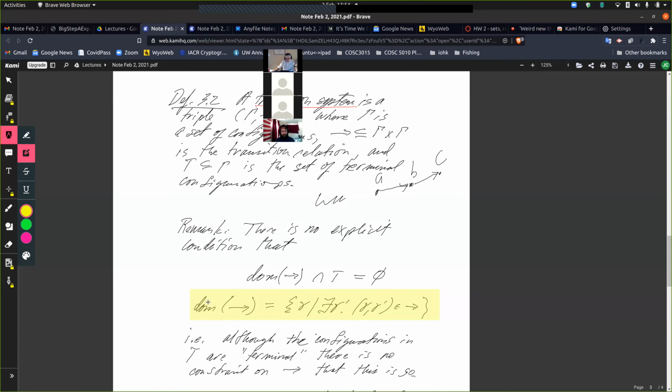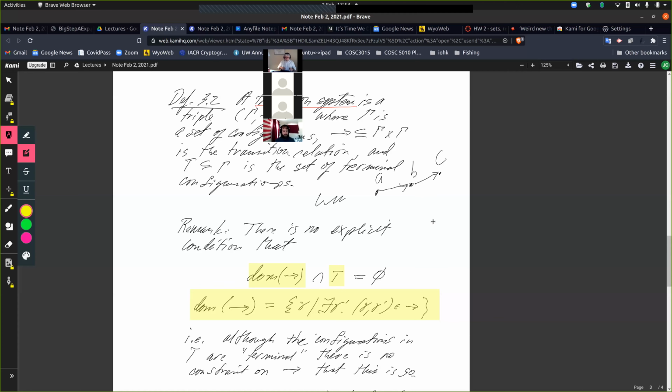And if you take the domain of the relation and intersect it with T, you probably should get back the empty set. That would mean that when you're in a configuration in T, there's no entry in arrow that says, if you're in state B, you can go to C. There should be no entry like that.